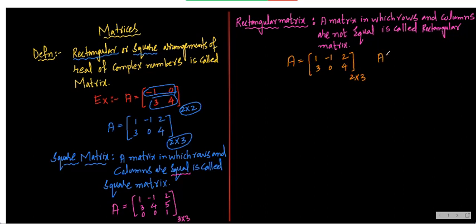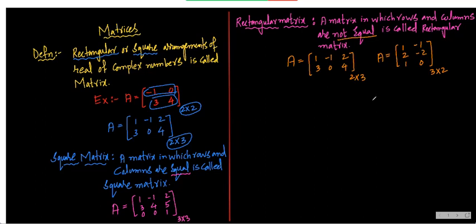We can take one more example also. 1, -1, 2, -2, 1, 0. Now again, how many rows are there? There are 3 rows and 2 columns. In this case also we can say that rows and columns are not equal. Understood? Not equal.